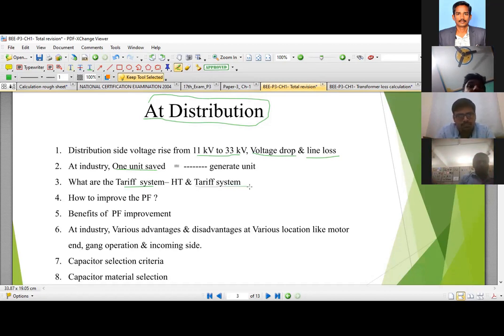Remaining tariff systems are also available, but HT. Now also we have calculated. Maximum demand charges. Next. Energy charges. Another, other tariff systems. Just tell randomly. No need to sequence. Whatever you know, just tell.